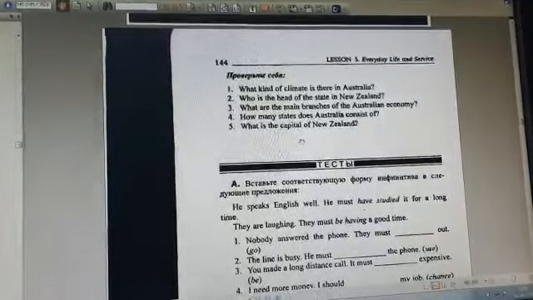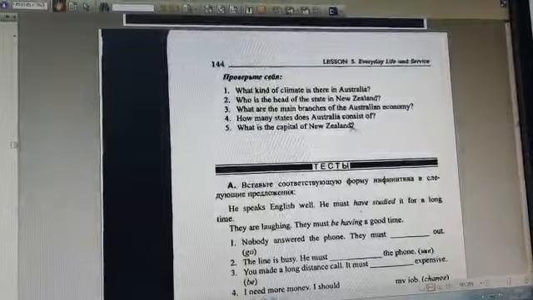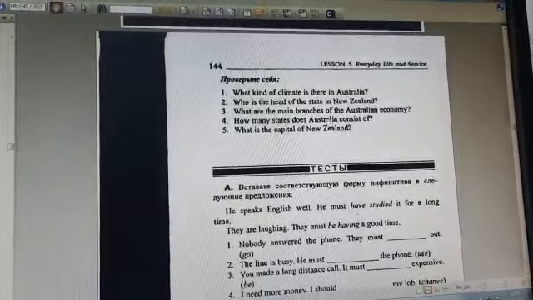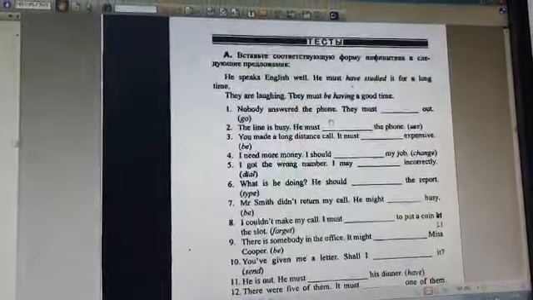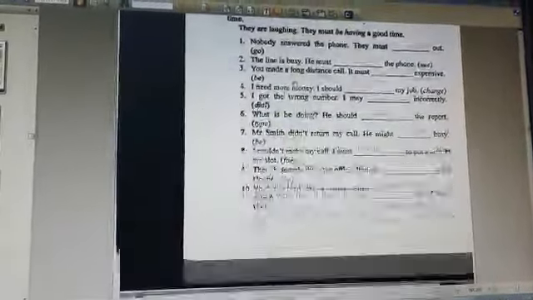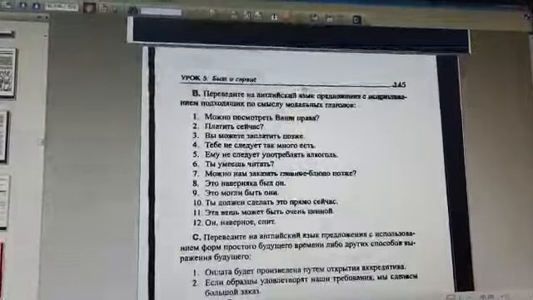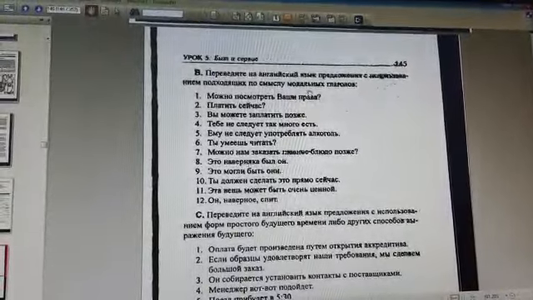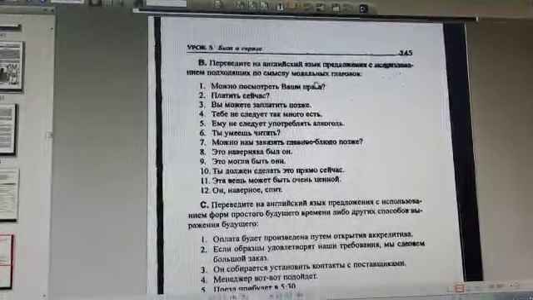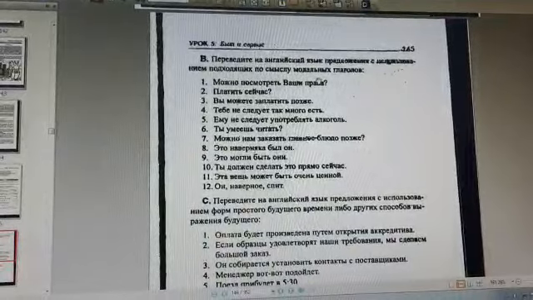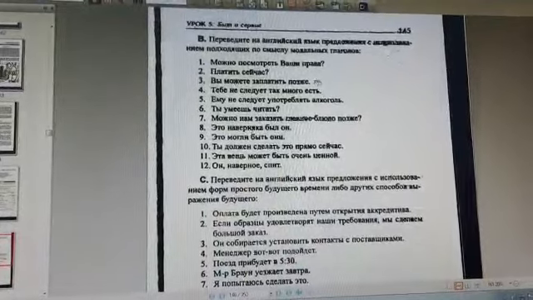And what is the capital of Australia? You must answer these 5 questions in written form. Then do exercises A and B on page 145. You must do these exercises in written form and send them to me.